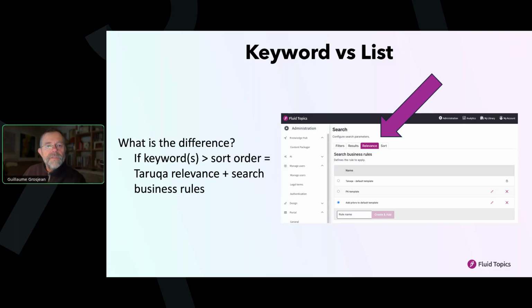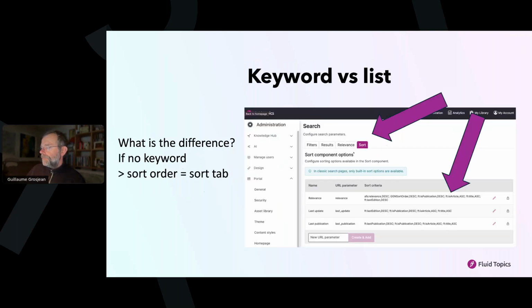That's where you define the search business rules. When you use keywords, the search business rules apply. When you don't use keywords, when you create a list that is only based on filters, it's slightly different because you use what is defined in the sort tab.